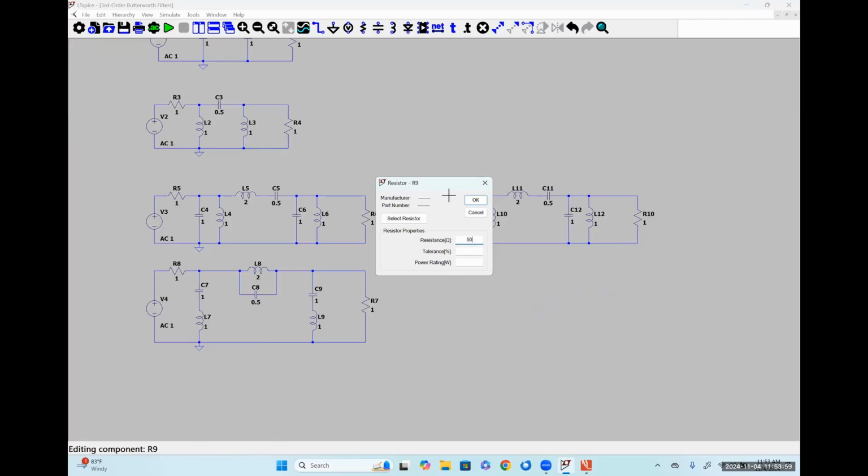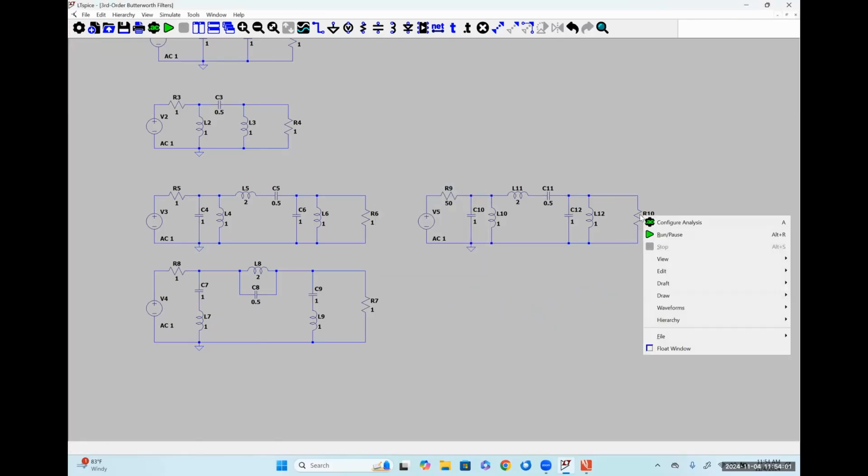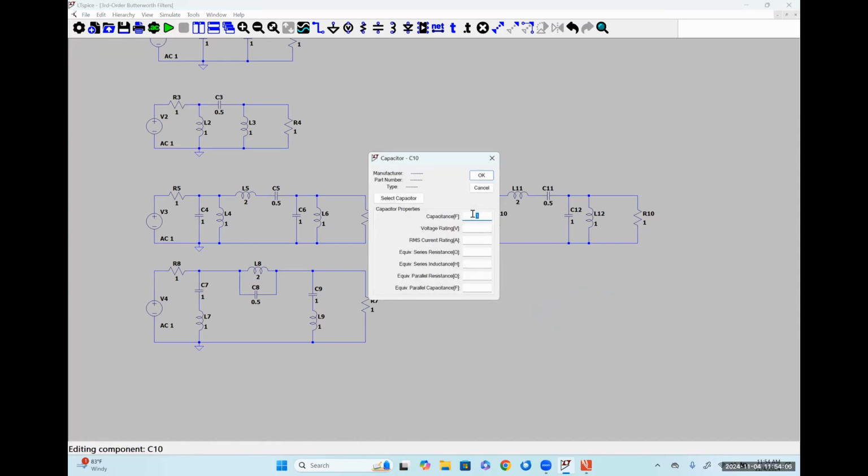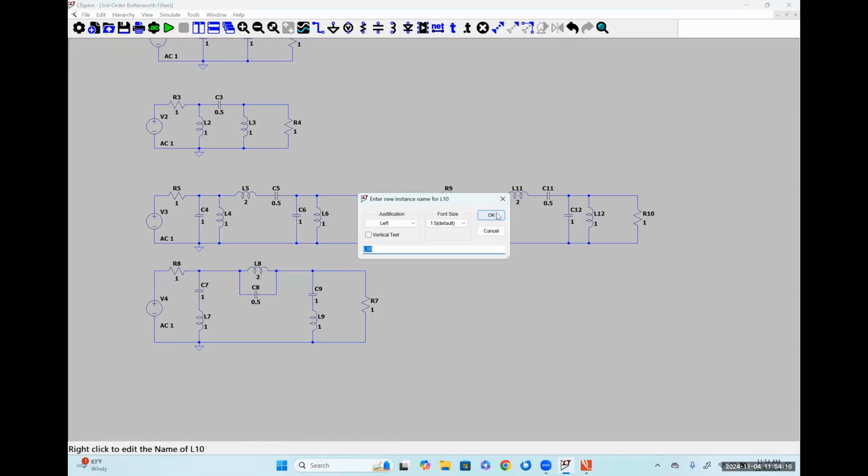So this would be a 50 ohm resistor. This is a 50 ohm resistor. This guy right here is 31.831 nano. This guy right here, I don't want to change the name, I want to change its value.